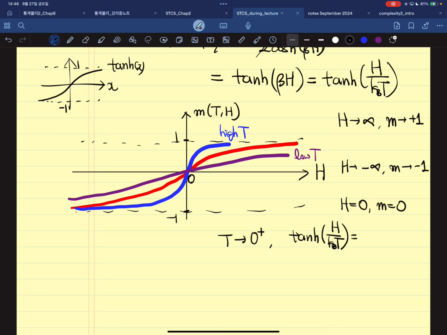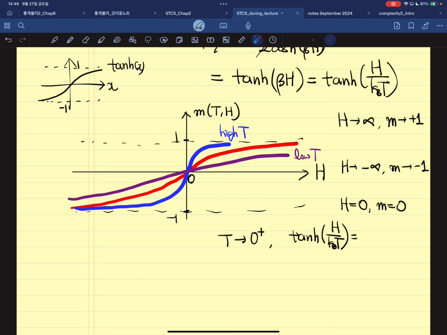Then what's happening here? Can you guess the limiting form of the hyperbolic tangent? The denominator becomes 0, so the argument essentially becomes infinity for an ordinary value of h or any small value of h, depending on the order of taking the limit. But you have to be careful about the sign of h here.